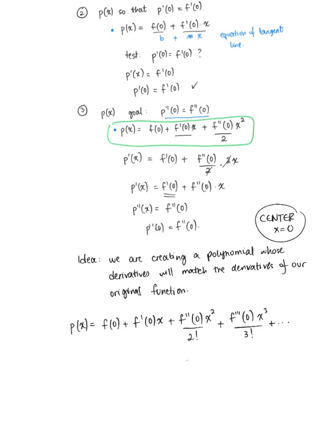And if I make this an infinite series, that's called, so I'm going to write the nth derivative at 0, x to the n over n factorial. And if we keep going and make this infinite, we have just developed something called the Maclaurin series for our function f.